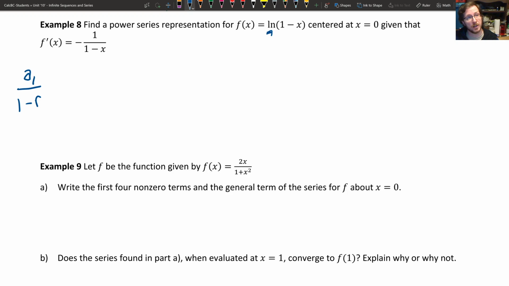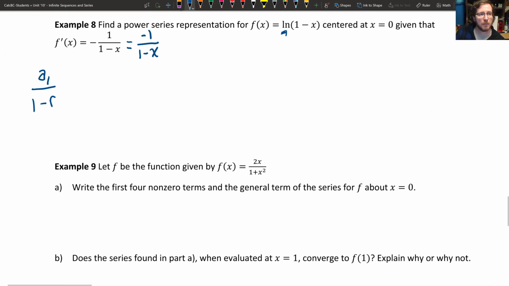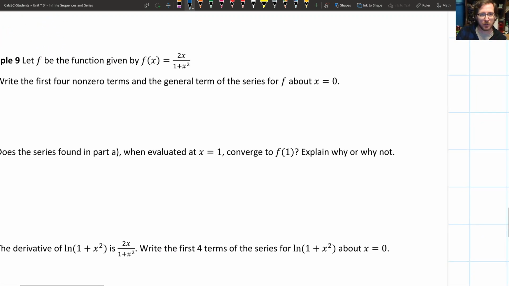So let's look at our derivative, f prime of x. We can rewrite that with the negative 1 up top so that we keep the subtraction in the denominator. That means our initial value is going to be negative 1, and our r value, since we're subtracting x, is just going to be x again. So let's build our series from that.